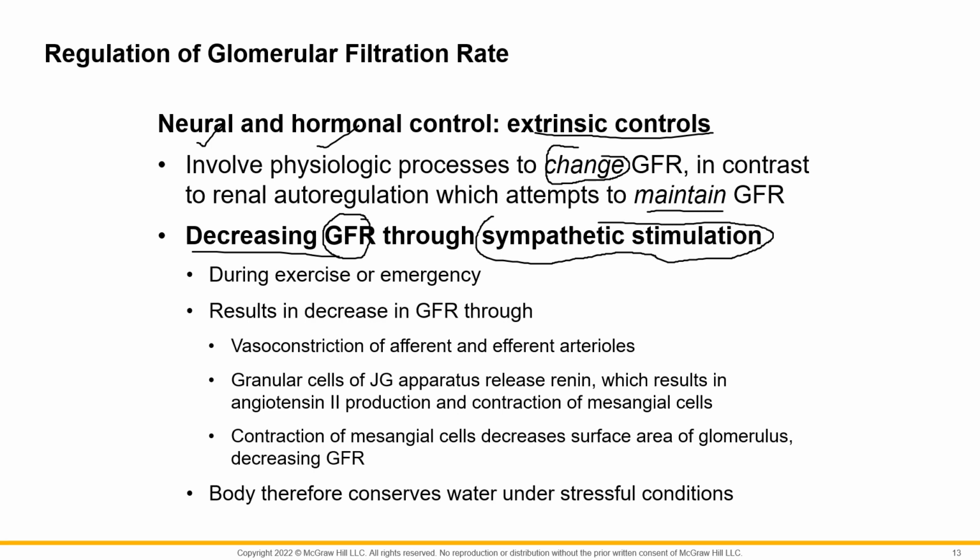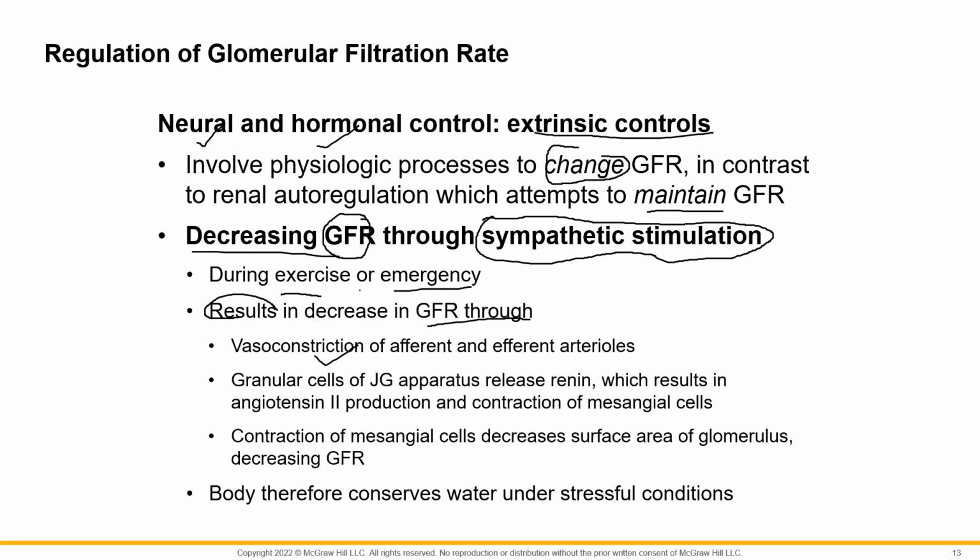Remember, sympathetic is fight or flight. So essentially, you are conserving water when you are under stress. You're exercising, you're stressed, you have an emergency going on. That will result in decreased GFR for a lot of different reasons.